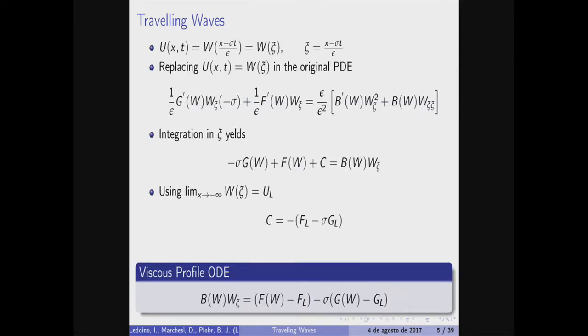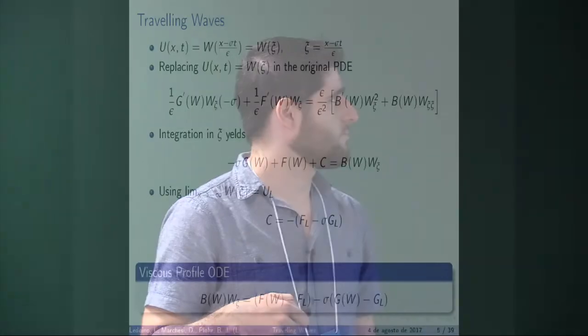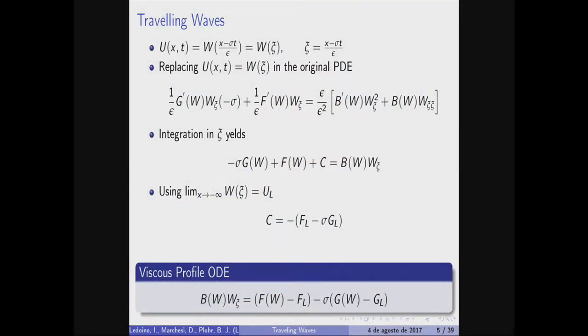We're interested in studying traveling wave solutions. In order to find those, we make a change of variables, and then we can write the solution in terms of a single variable, and we transform the original PDE into an ODE.